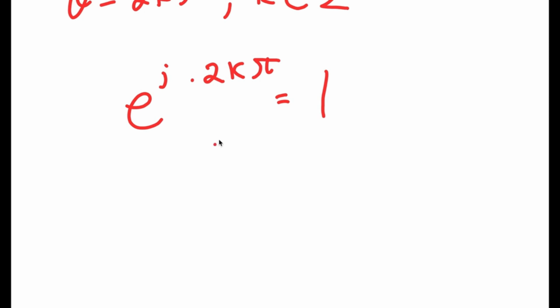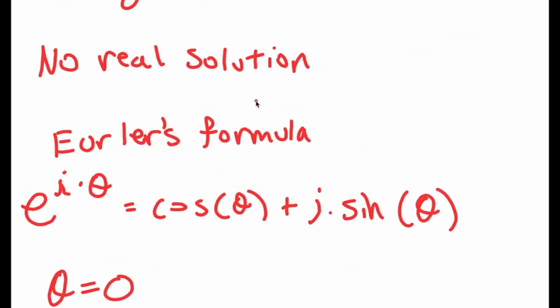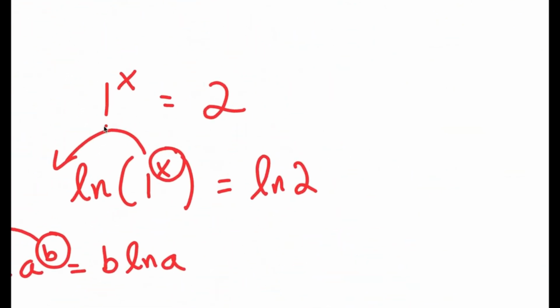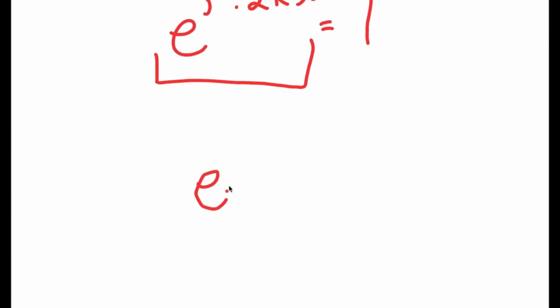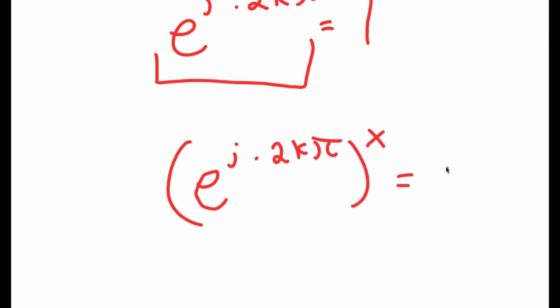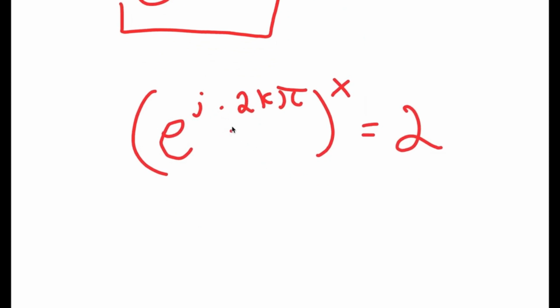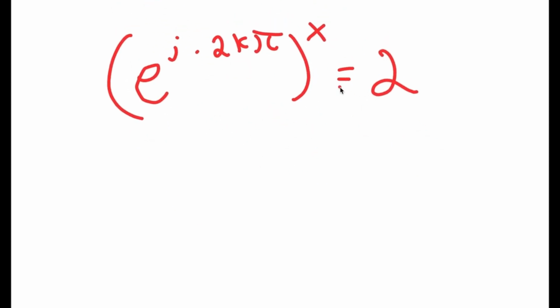Now, because this is equal to 1, we can remember our first equation, which we started with, 1 to the power of x equals 2. We can substitute in this for 1, meaning I get e to the power of i times 2k pi, to the power of x, is equal to 2. So just think of this as 1.